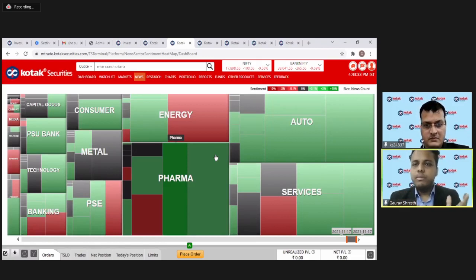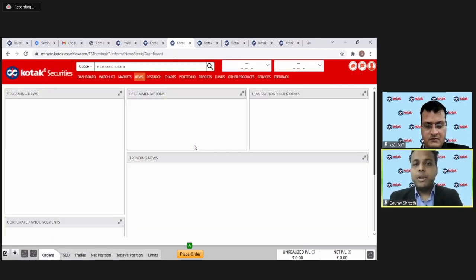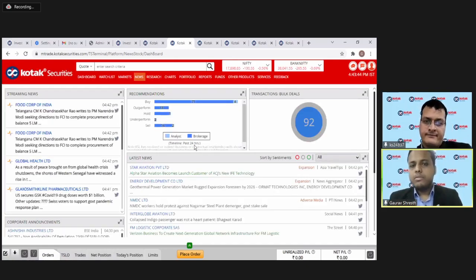The red will show the bearish sector. I hope the news section is covered. Basically, the equity part is something which many of the clients can keep open for the entire day. Instead of following the news on a news channel, you can just keep this page open, and you can get all the news which is required for your trading purpose.